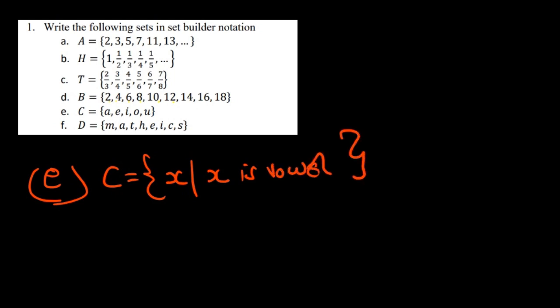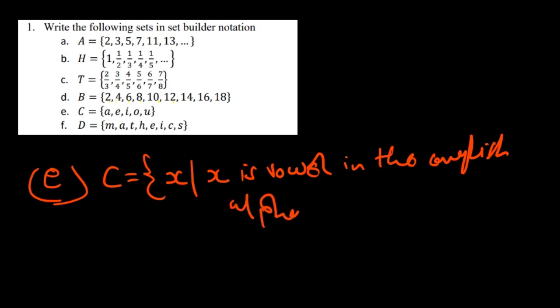We can make it more solid. We can say x is a vowel in the English alphabet. So that is the set E when we represent it in set builder notation.